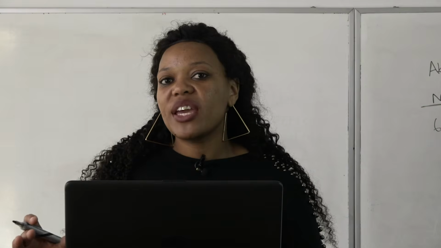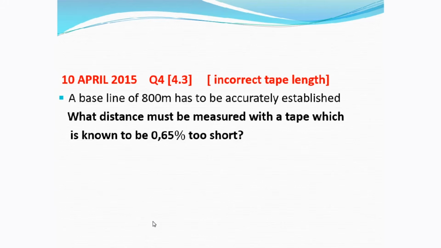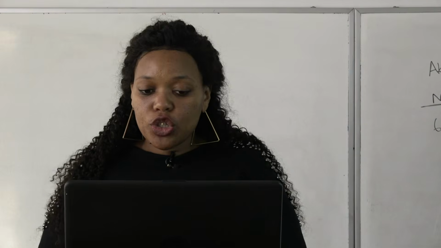Which means we are looking for a measured distance in this case with a tape which is known to be 0.65% too short. Okay, so we need to do what now? We first need to do what?